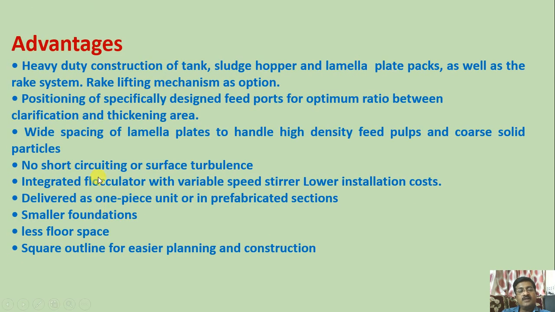Now what are the advantages of this system? Heavy duty construction of the tank, sludge hopper and lamella plate packs as well as the rake system, with a rake lifting mechanism as an option; positioning of specifically designed ports for an optimum ratio between clarification and thickening area; wide spacing of the lamella plates to handle high density fluid pulps or coarse solid particles; no short circuiting or surface turbulence; integrated flocculator with variable speed stirrer; lower installation cost; delivered as a one piece unit or prefabricated sections, so you can assemble it together.